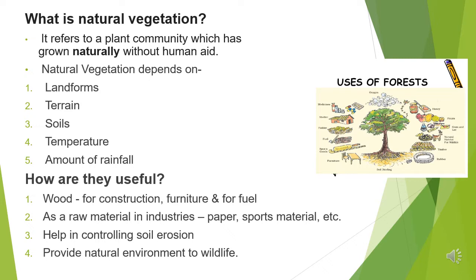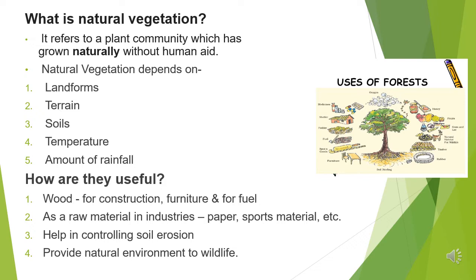What is natural vegetation? It refers to a plant community which has grown naturally without human aid, like the forest, which had grown naturally without any human interference or without any human help.